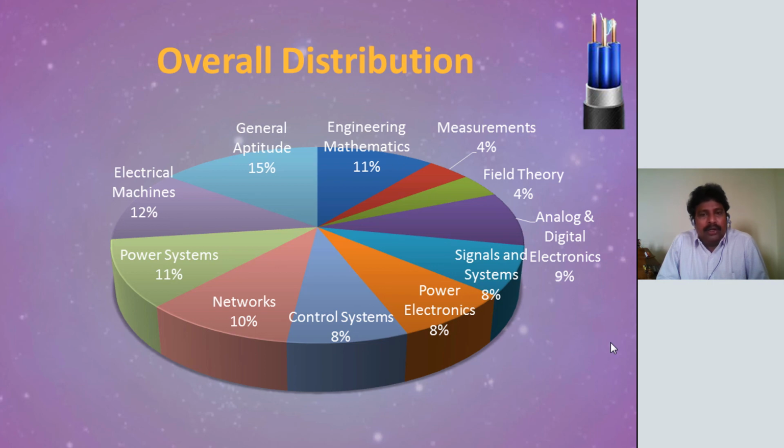As a result of that, whichever category you may belong to, you may belong to OBC, open category, or scheduled caste or scheduled tribe category, definitely there is a chance for you to crack the GATE examination if you concentrate on the subjects networks, machines, control systems, power electronics, power systems and signals and systems.